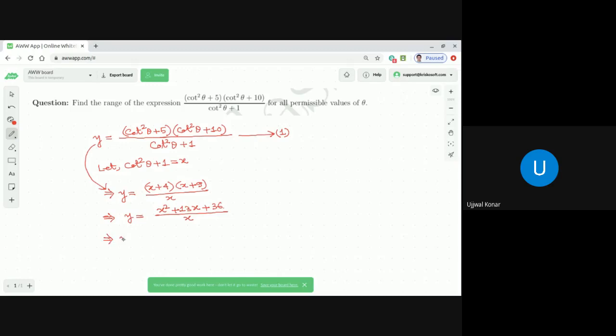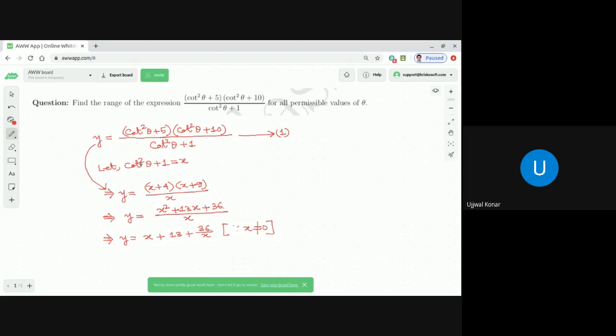This implies y is equal to x plus 13 plus 36 by x, since x cannot be equal to 0. How can we say that x cannot be equal to 0?